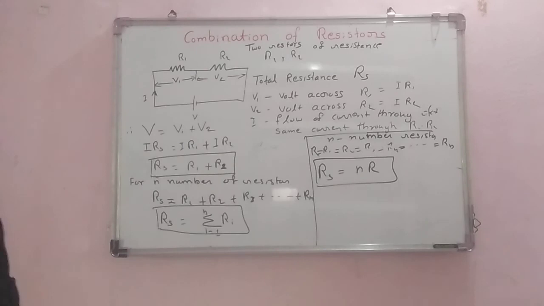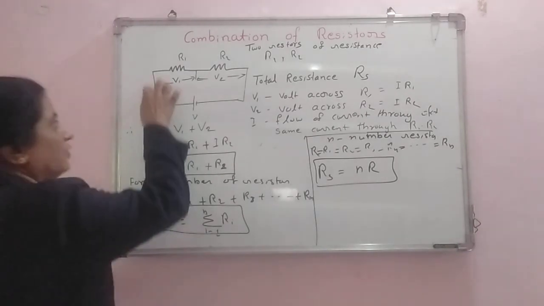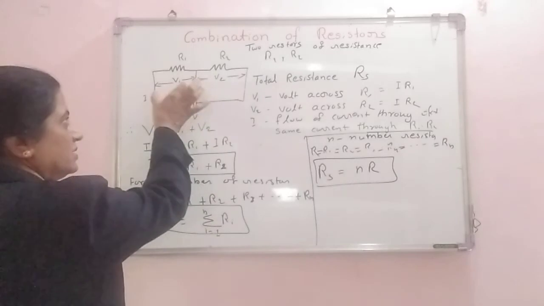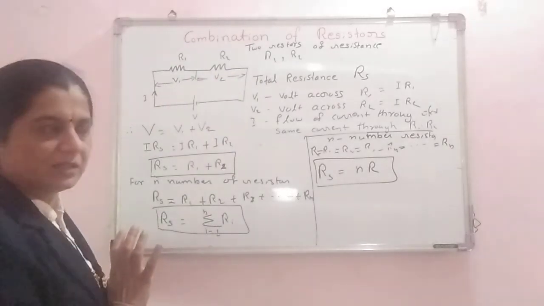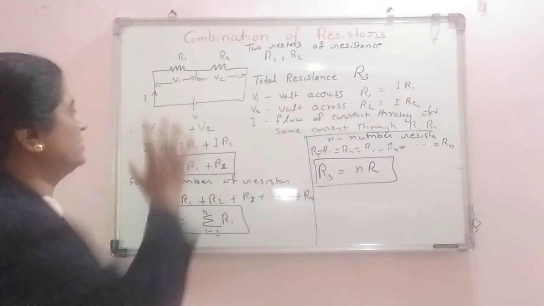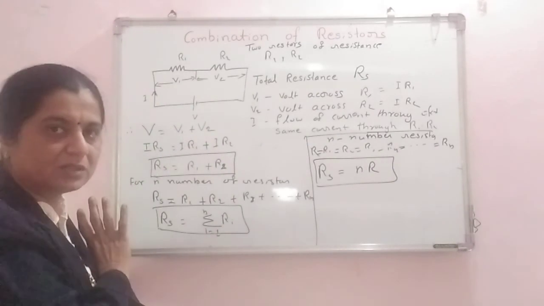In series combination, the flow of current remains the same through each resistor, and the voltage drop is divided. If you want to divide the voltage, you can use the series combination.